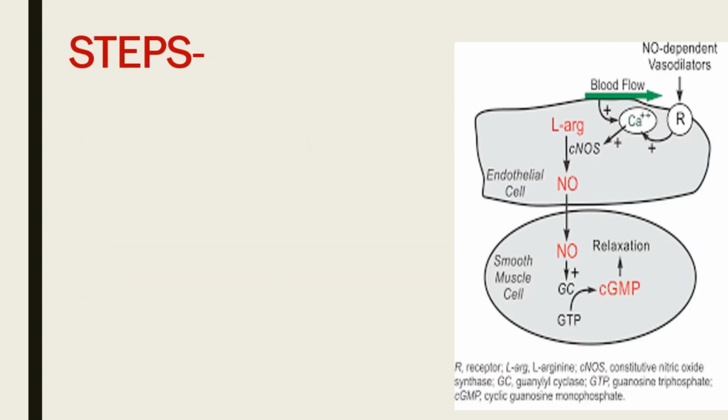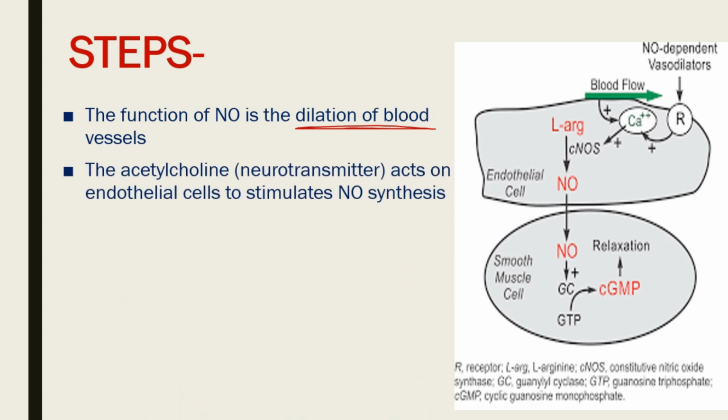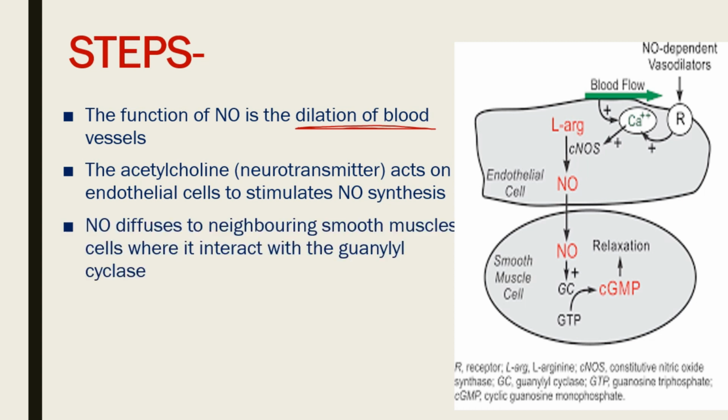Now the steps involved in the function of nitric oxide in the dilation of blood vessels. It has a basic function of dilating the blood vessels. Acetylcholine, a neurotransmitter, acts on the endothelium cells to stimulate nitric oxide synthesis. Nitric oxide then diffuses to the neighboring smooth muscle cells, where it interacts with guanylyl cyclase. Here you can see an endothelium cell and a smooth muscle cell.